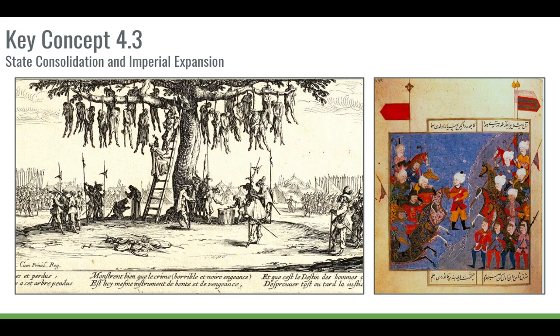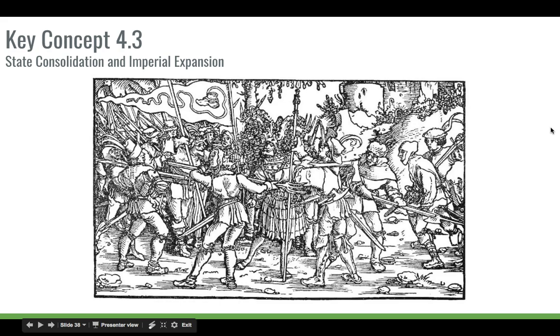Of course, other state rivalries that we see, especially associated with religion, are between the Ottomans and Safavids, which I've already talked about to this point. And the last thing that we see, of course, which challenges state consolidation and expansion, is simply local resistance.